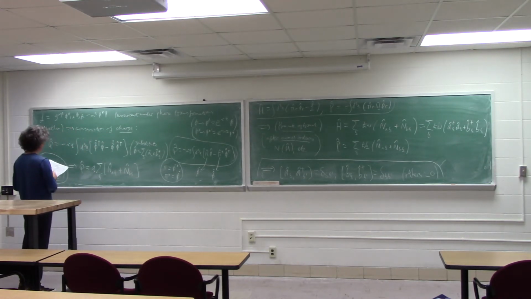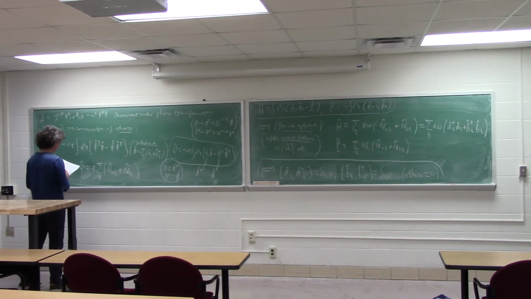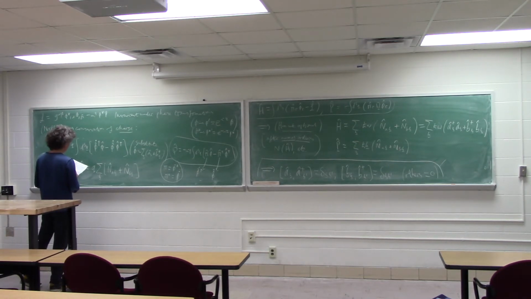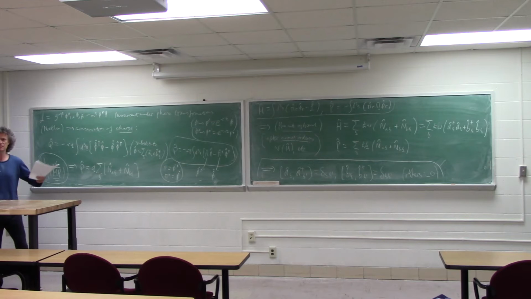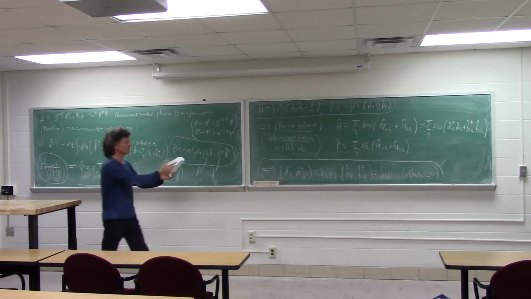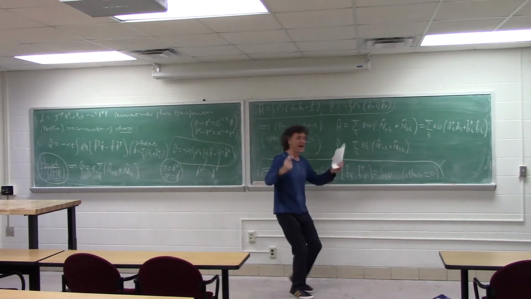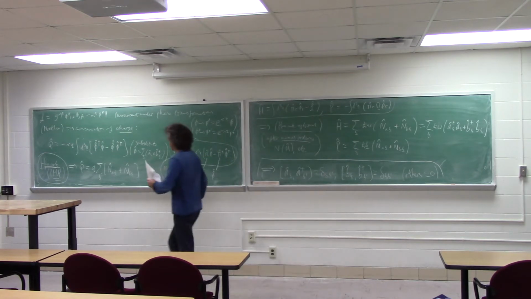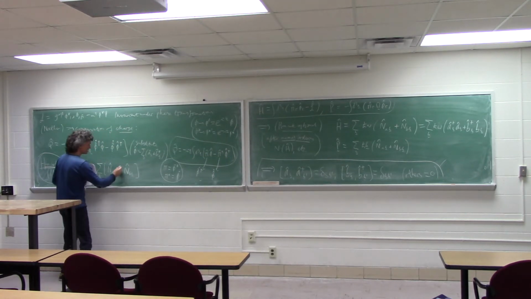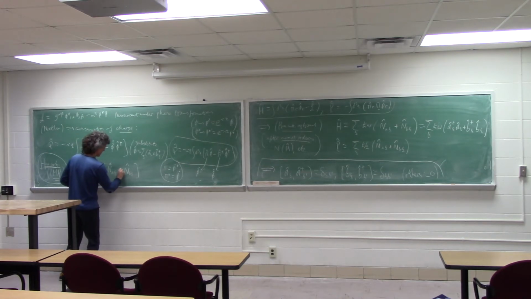You might be thinking that the total charge operator is going to be Q times the sum over modes of the number operator for the A-type particles plus the number operator for the B-type particles, just like here, right? No! It turns out there's a minus sign. Here there is a minus sign.